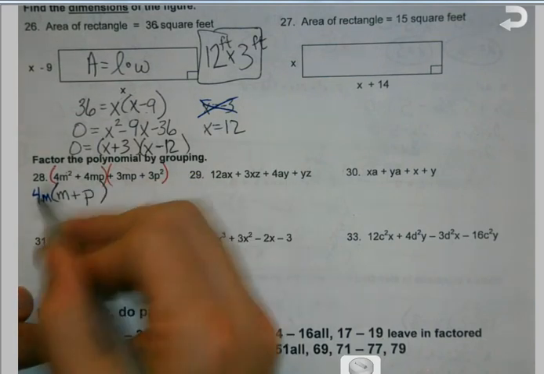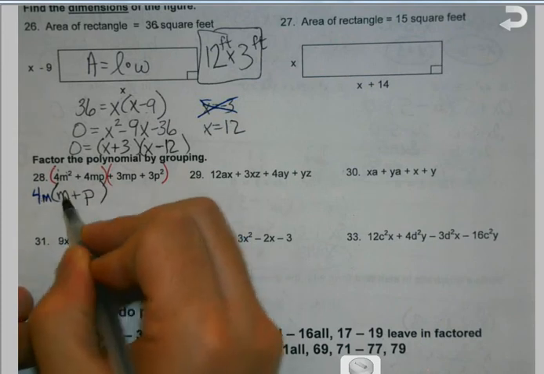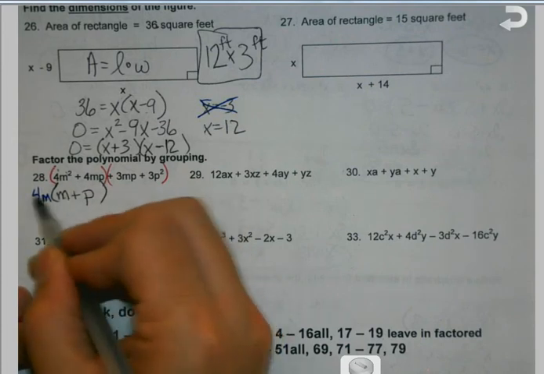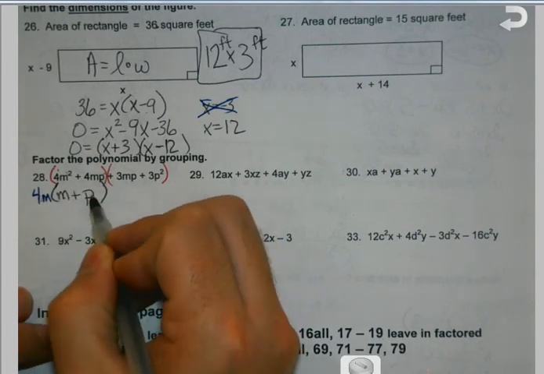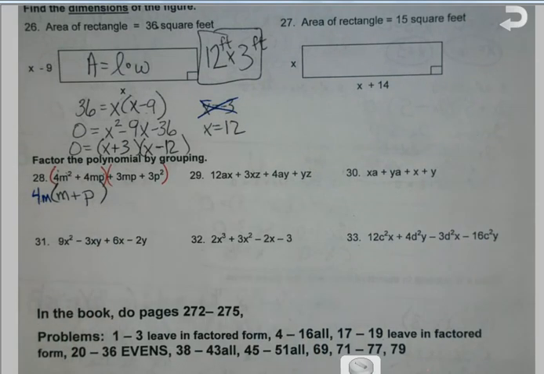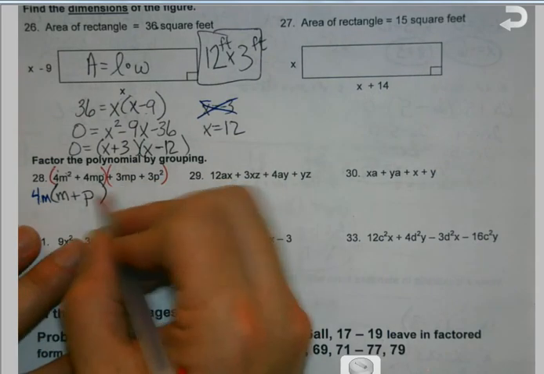Because I've already got the 4, I already have 1m, and I need to get to 2, so I need one more. I already got the 4, I already got the m, I need the p. So if this works out right, when I factor the next one out, I should end up hopefully with m plus p in the parentheses here.